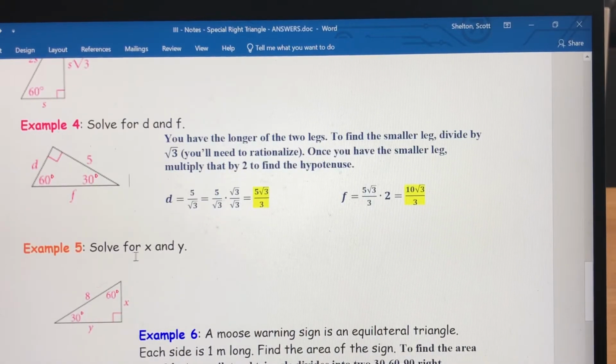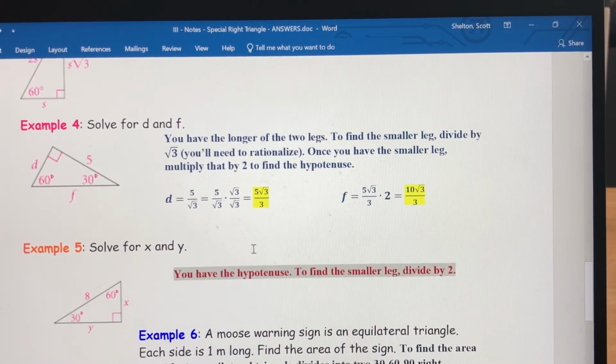Let's look at example 5. We're given the hypotenuse first, and I want to use that to evaluate the smaller leg next. So the smaller leg is going to be x because it's opposite the smallest angle, 30 degrees. Now remember, the relationship is the hypotenuse is twice as big as the smaller leg when we're dealing with a 30-60-90 triangle.